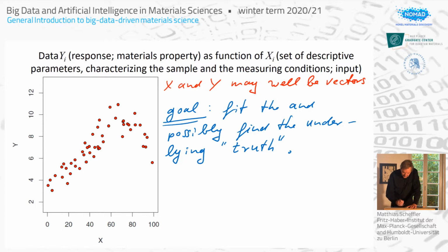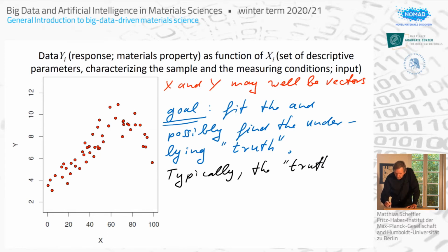Typically, we don't know the truth. I mean, this is why we're doing these scientific studies. So typically, the truth is not known, but in fact, in this case, it is.